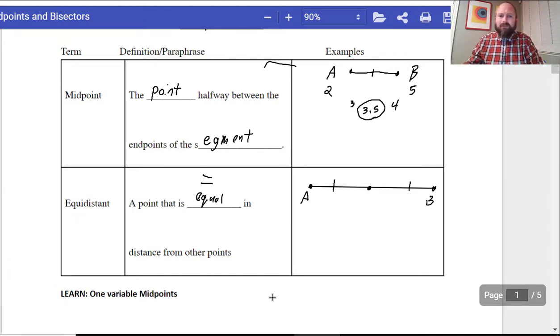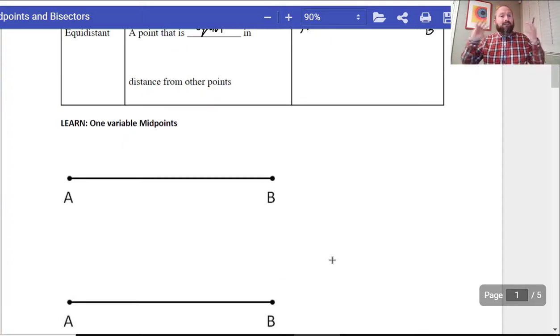Let's go on. Let's learn about one variable midpoints. The nice one to know is, hey, look, this guy's at 10, this guy's at 20. We could figure out that it's going to be at 15. What's halfway between 10 and 20? Well, it's 15.